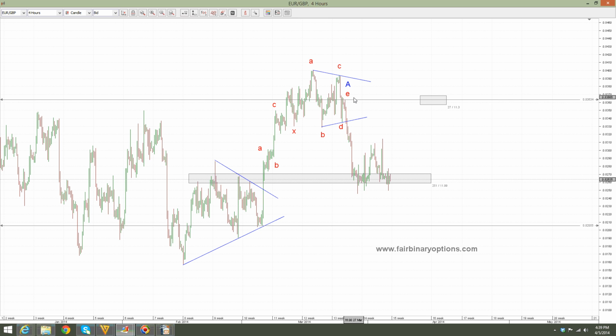Now from this moment on to the downside, it might look like this is a classical ABC X wave and another ABC. Normally this looks like a double zigzag, and this X wave here, take a look, it channels really nice.